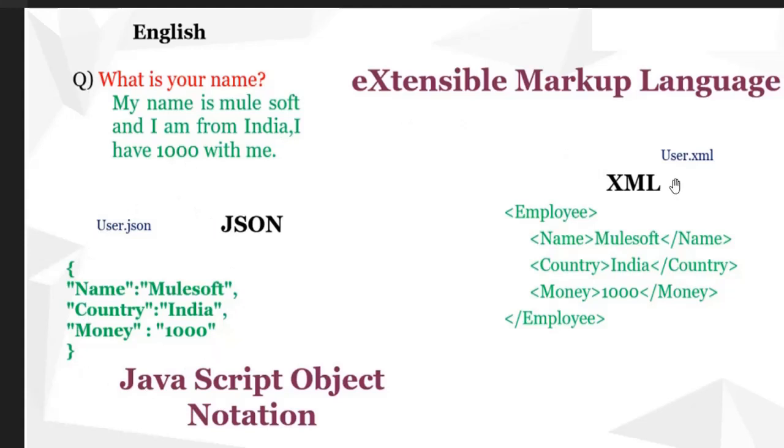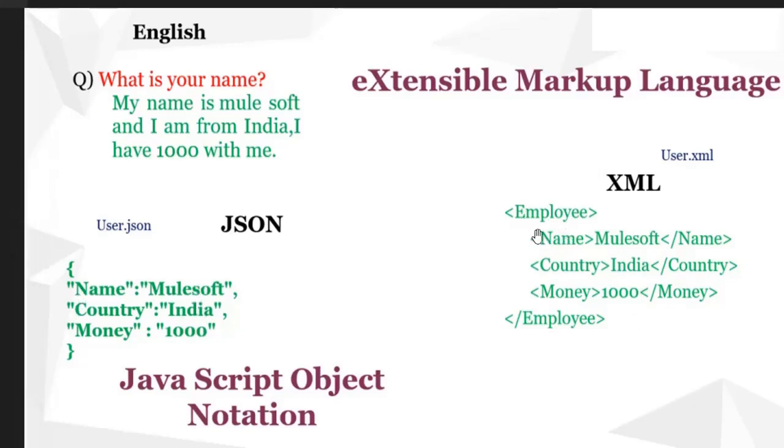Then coming to XML format. What is XML format? XML format is different from JSON. It has a root tag, and everything is represented in the form of tags. Here we call them tags, whereas in JSON they are key value pairs.